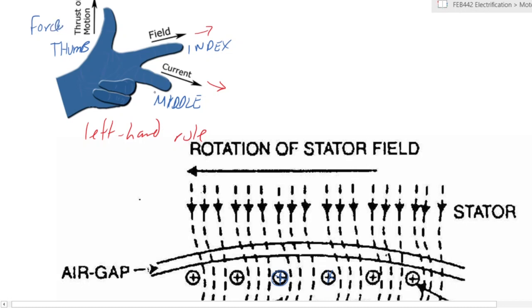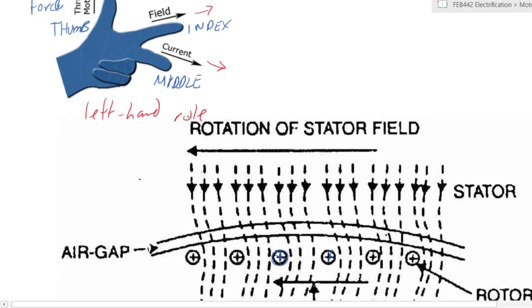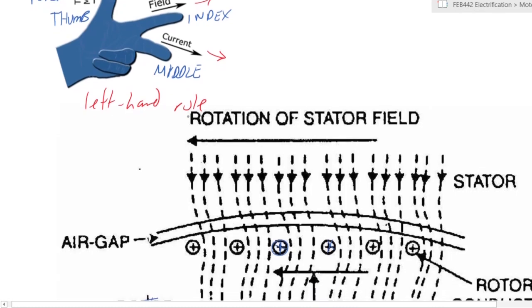So you point your index finger in the direction that the field is flowing. The field itself is moving in a downward direction. You look at the direction of north to south, so it is pointing downwards. So you orient your first finger downwards.